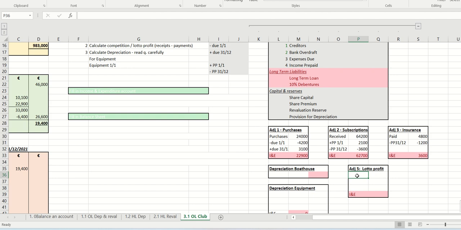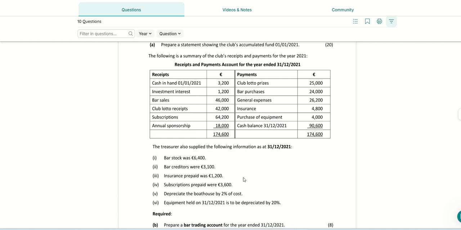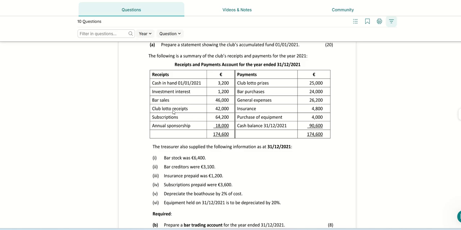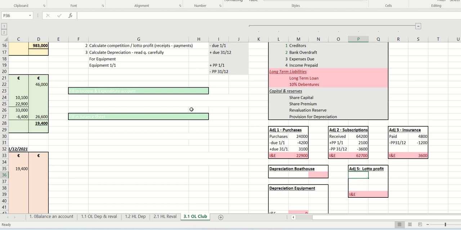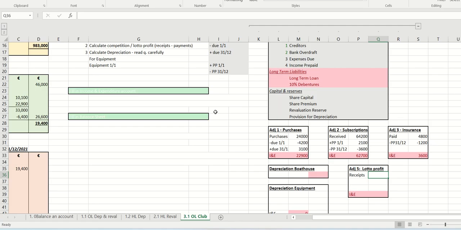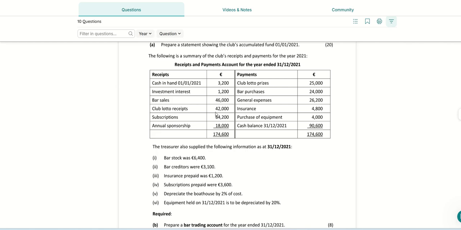Next one we're doing, so we've done all our dues and prepaids. There's nothing else there with due or prepaid on it. Next one we're going to do is our calculating profits. So we have the lotto profit here. So we're putting in the receipts. So this is all the money that we got from people who played lotto for our club. You'll all be familiar with this in your own clubs. We all have little lottos and we all buy tickets every week. And then they pay out their prizes.